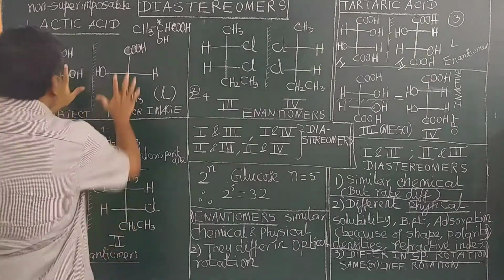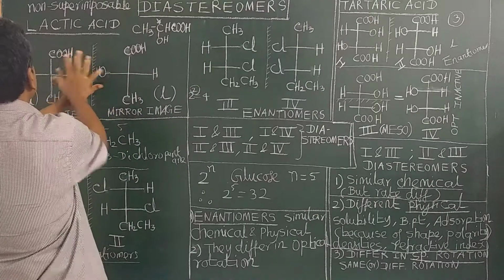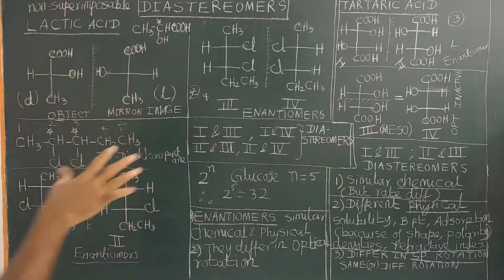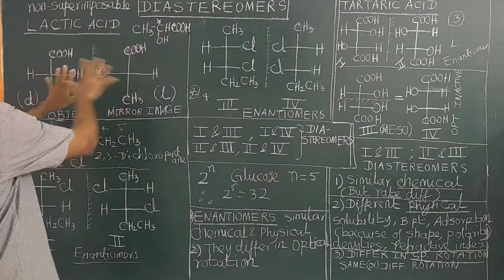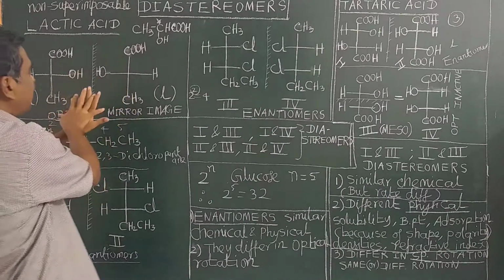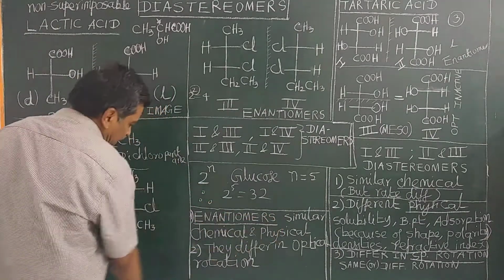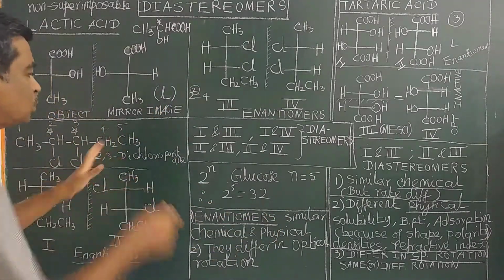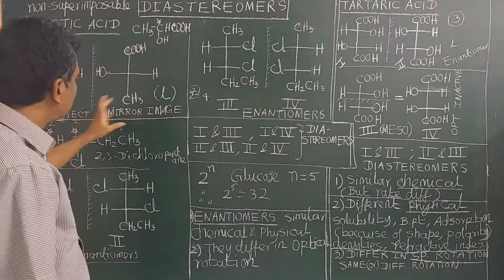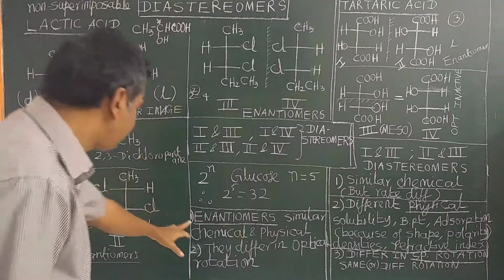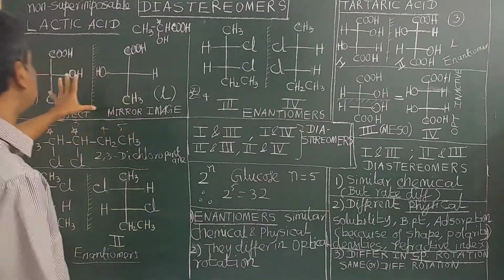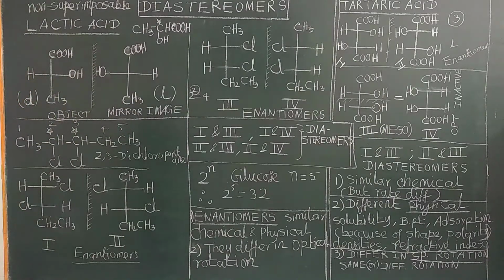As you see, these two isomers are non-superimposable. So the object and mirror image are called enantiomers. The isomers which are related as object and mirror image and are non-superimposable are called enantiomers.